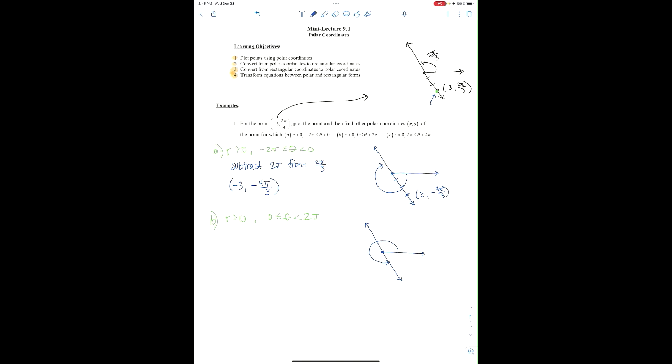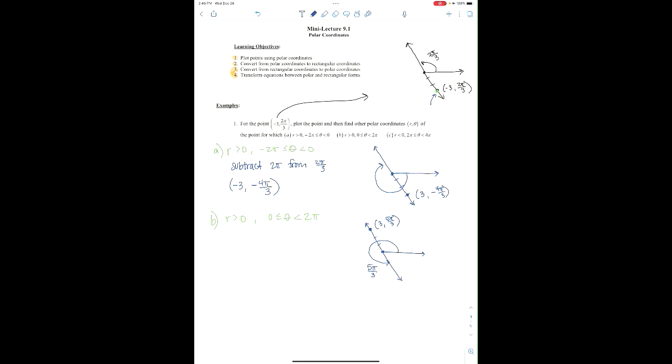This big angle would be 5 pi over 3. But remember, our r has to be positive, so we flip to the other side and look at that right there. That gives us a positive 3, and the angle would be 5 pi over 3.